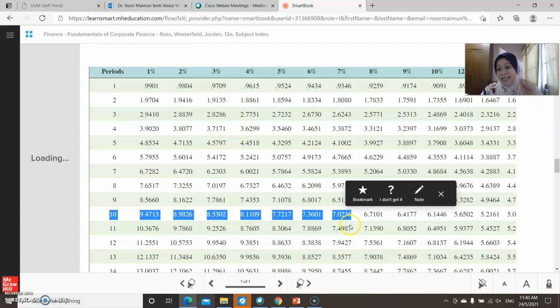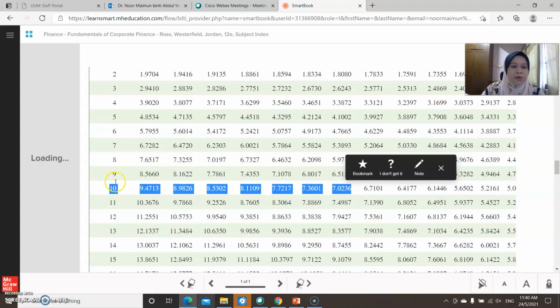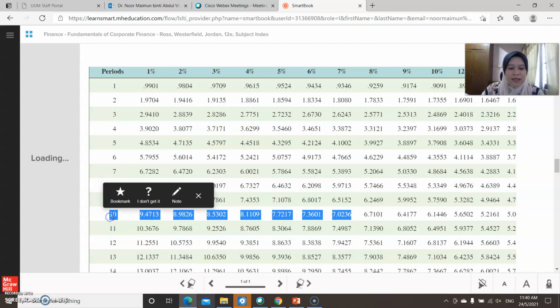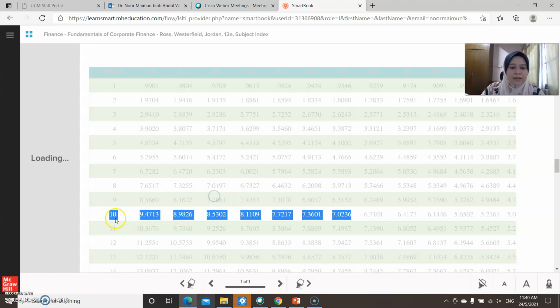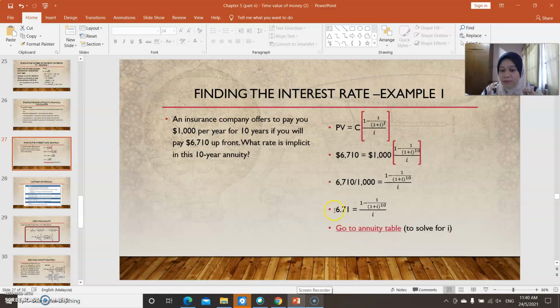So how are you going to find the interest rate? You look at the period here at table 8.3, which is present value of annuity. Go to time period 10, go along the time period 10, and then find 6.71 here, because here you find the answer is 6.71.